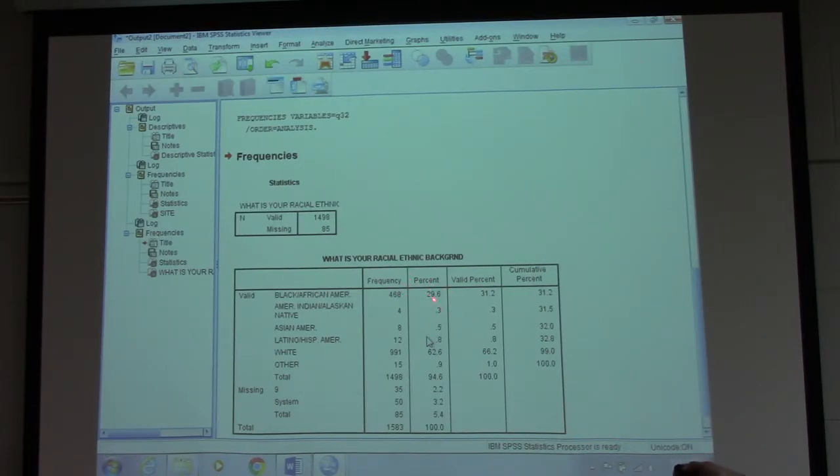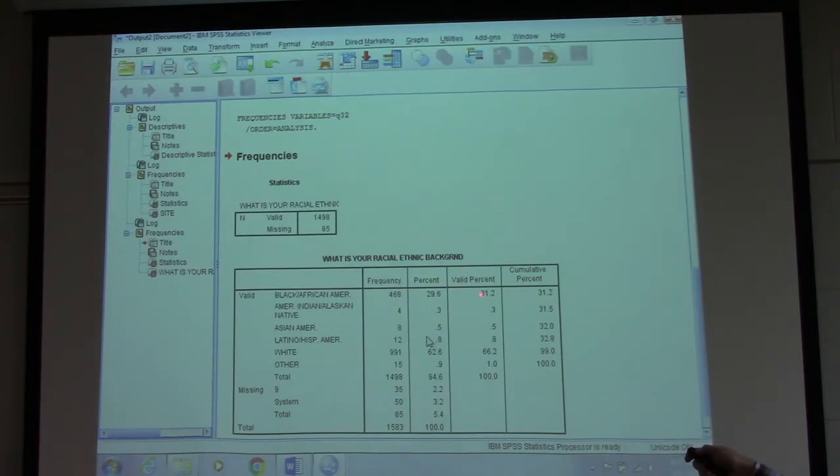In this case, percent, 468 is divided by the entire sample size, 1,583, which gives you 29.6%. However, that's misleading. That's not really representative of the sample as a whole because they counted in 85 teachers who didn't answer the question.